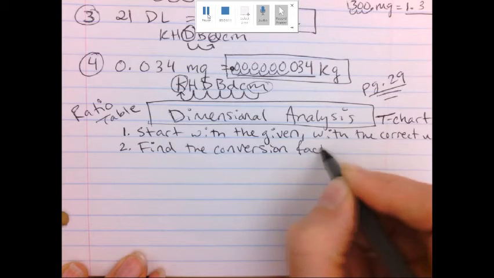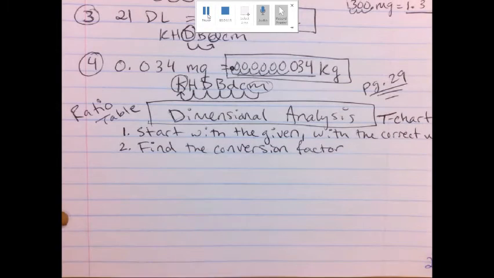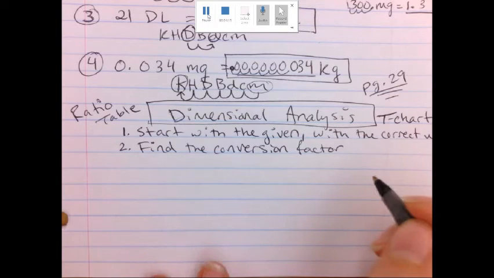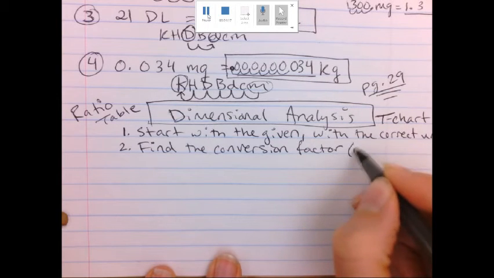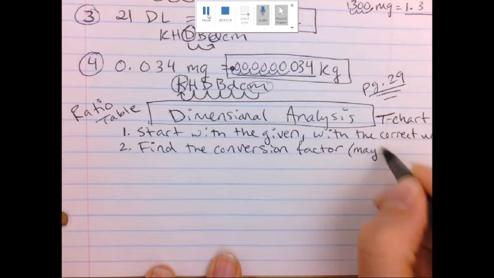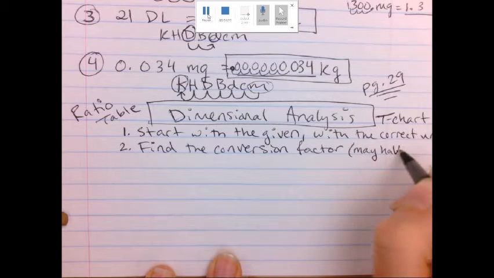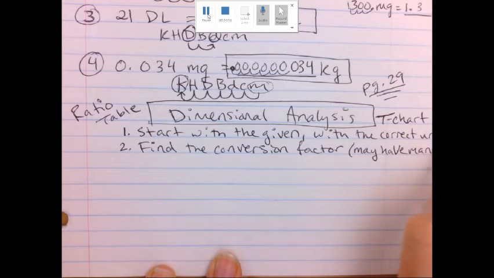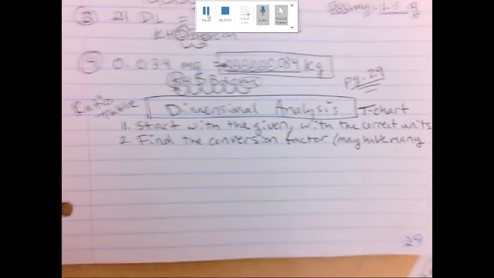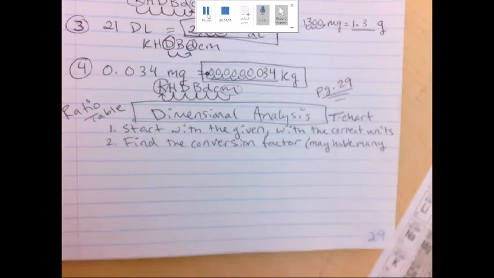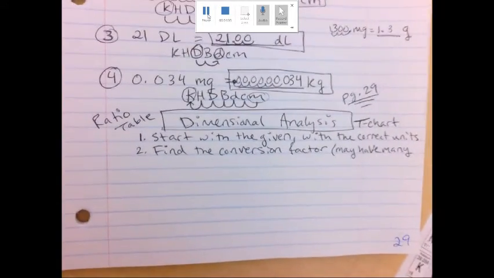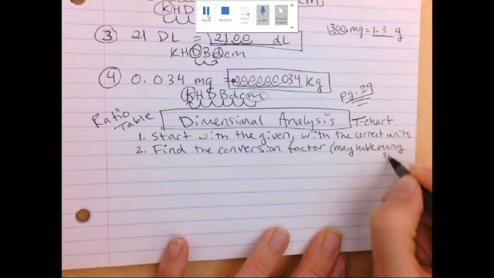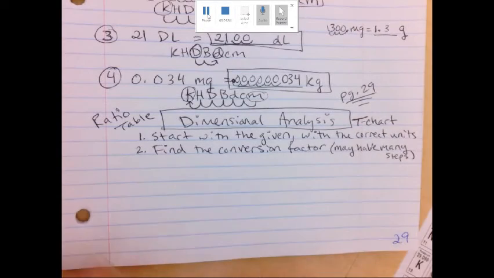So that's like we've got 12 inches in 1 foot. That would be your conversion factor. Now this can have multiple steps. It may have many steps to it, so you have to think about that first before you do it.